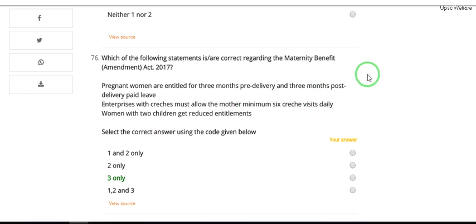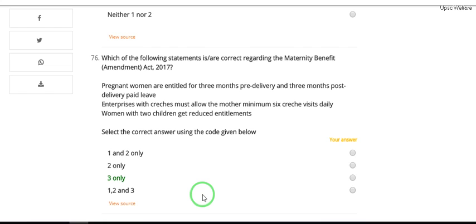So if you see the Maternity Benefit Amendment Bill 2017, the pregnant women are entitled to 3 months pre-delivery and 3 months post-delivery, so it's going to be wrong. Now the second one, enterprises with a crèche must allow the mother a minimum of 4 crèche visits daily, so it's also going to be wrong.